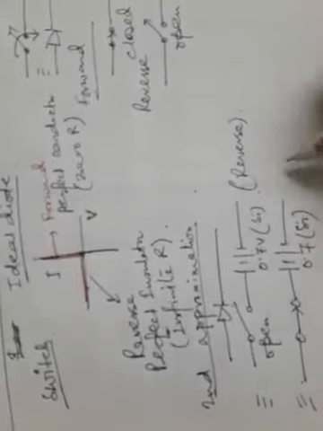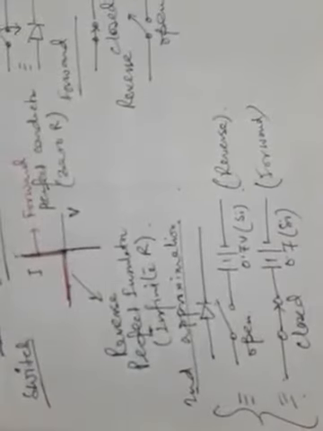Similarly, it is also 0.7 volt for silicon, and here the switch is closed. So these two are nothing but the second approximation equivalent circuit of diode.